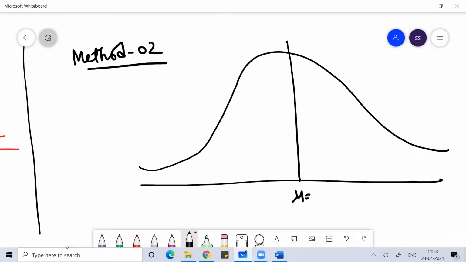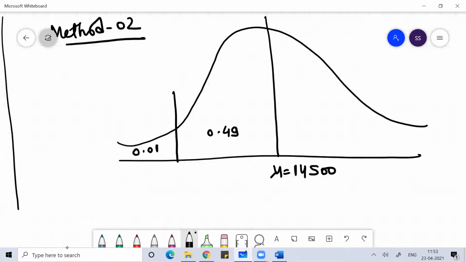This mu is how much? 14,500. Okay, this is your mu. And you have an acceptance region. This corresponds to 0.01, this corresponds to 0.49, all that you know. 0.49 means what?